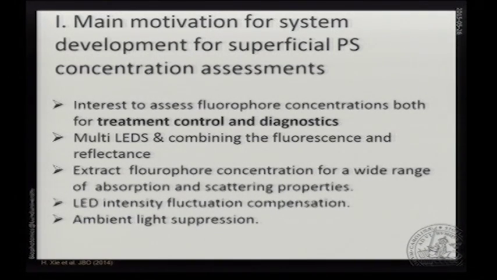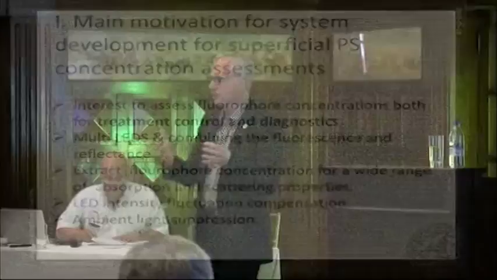What we have tried to do is to use not a spectrometer with a laser excitation to get a fluorescence spectrum and then assess from that, but we are trying to measure both the diffuse reflectance and fluorescence at the same time, in order to try to calibrate for the tissue optical properties.